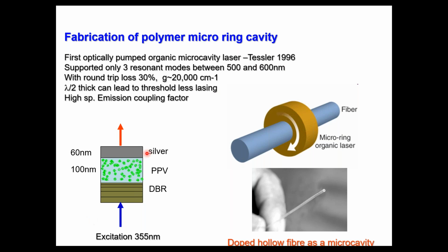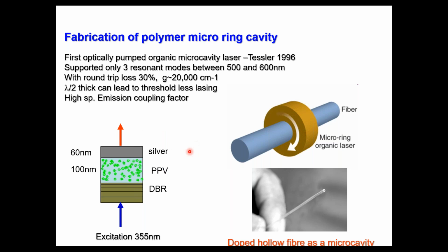It was a structure with a very high value of gain, and they predicted that even thresholdless lasing is possible from this kind of structure by adjusting the mirrors, the materials, the thickness and all.